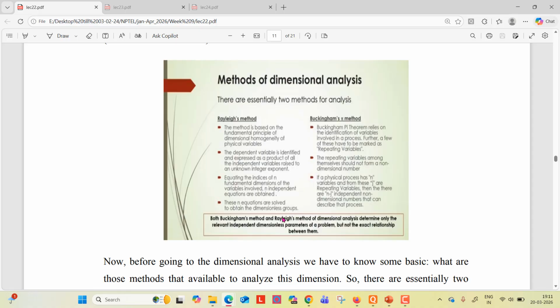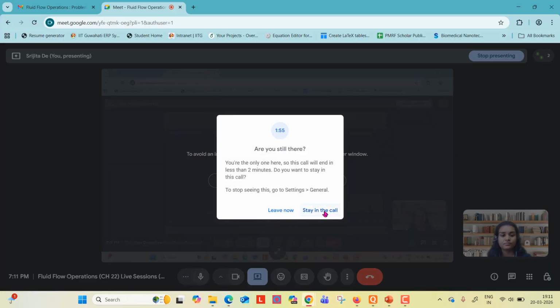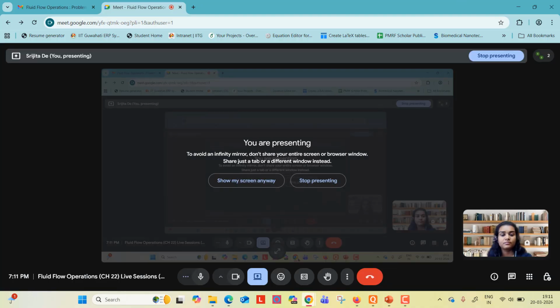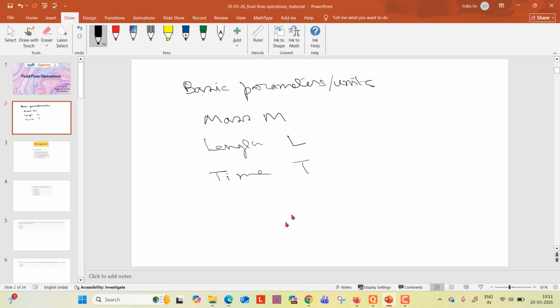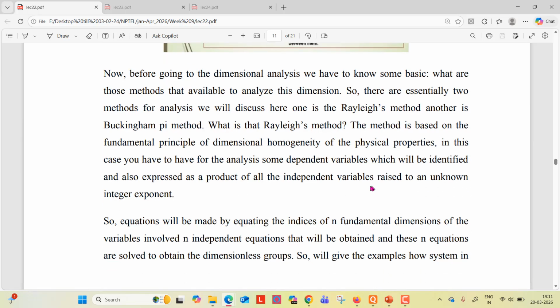If you have gone through the lecture, you have already understood, I think. Both Buckingham's method and Rayleigh's method of dimensional analysis determine only the relevant independent dimensionless parameters of a problem, but not the exact relationship between them.